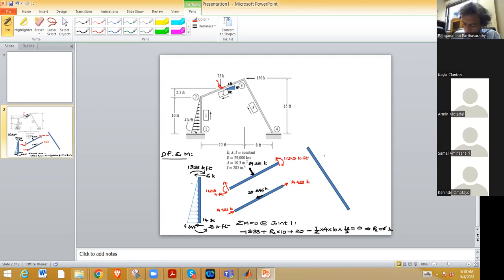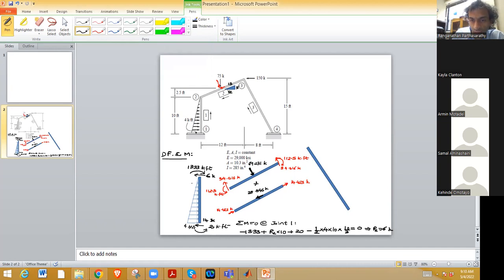And 69.231 by 2 is 34.616 kips. Now we will combine these two.